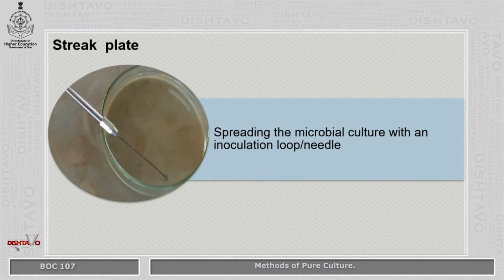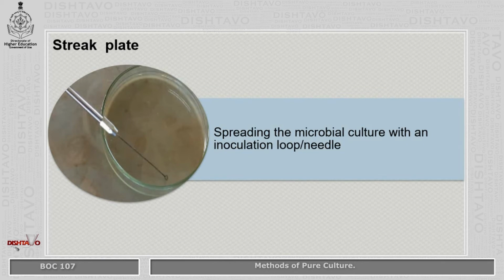The inoculation loop is removed from the broth and it will have the film of culture. Now, the inoculation loop is spread on the culture media in a particular manner which we call a streak.